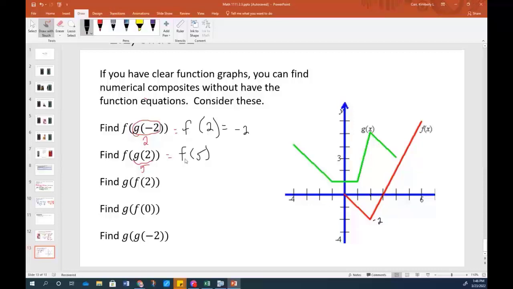What was the y for the g function becomes the input or the x value for the f function. So I go out to 5. 1, 2, 3, 4, 5. Okay, and I want to go up to this f function and find out what that height is, and it looks like it's 4.